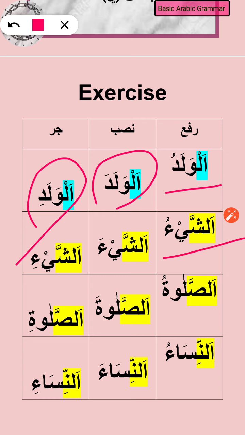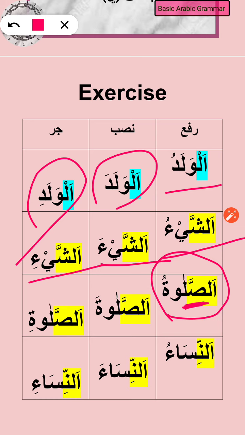Next, we're done with this. Ash-shay'u, ash-shay'a, ash-shay'i. And then we have as-salatu. Why so? Because we have sad, the first letter that al is going to attach to, and let's see if sad is present in the mnemonic that we know. Haq, ka, khaf, ajab, gham, hai. No, it's not present in that group. So we know that it is a shamsi letter.